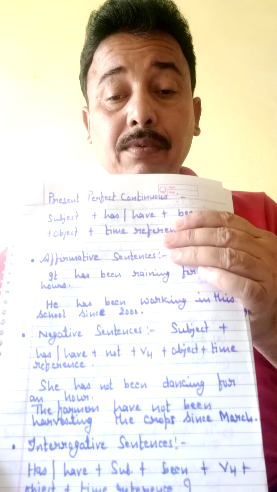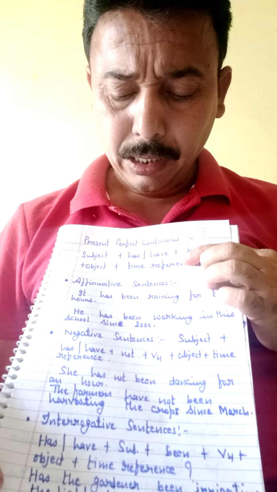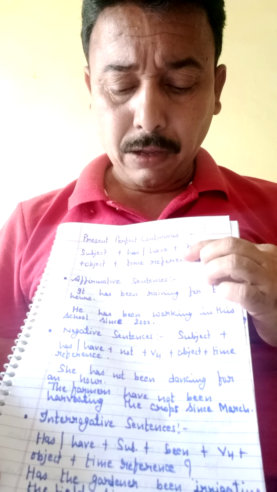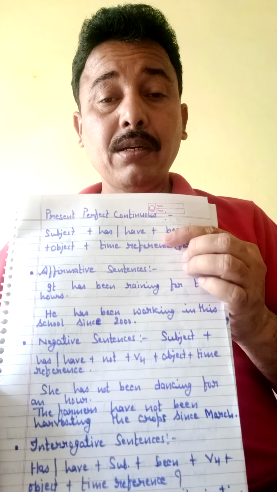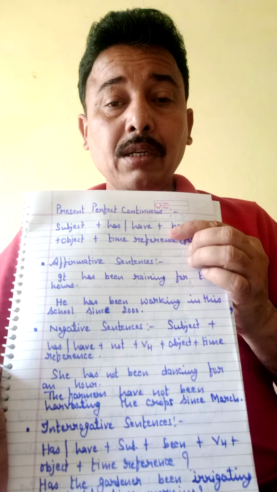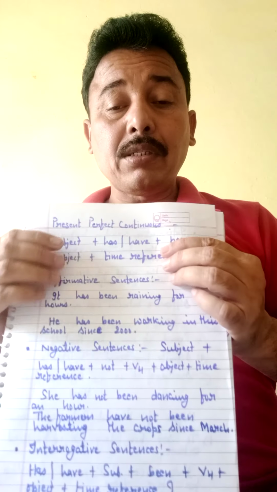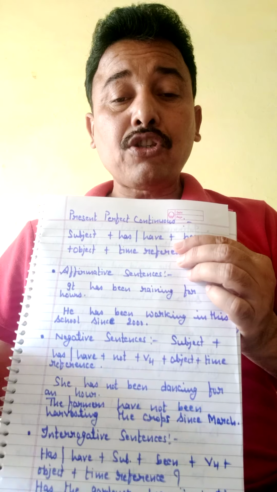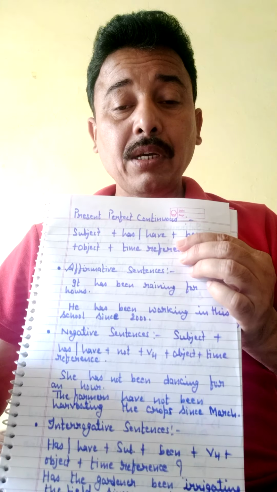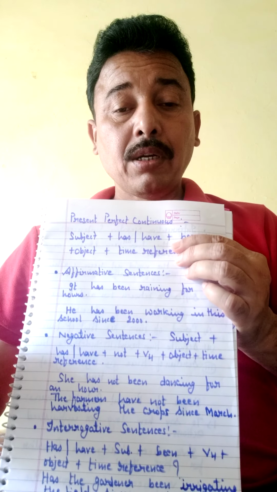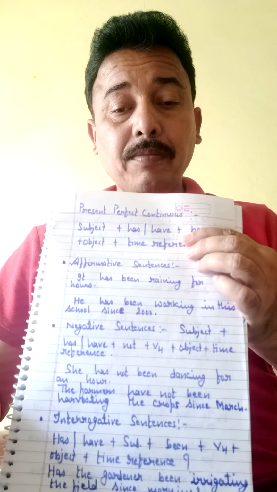This is negative. Second sentence in negative: the farmers have not been harvesting the crops since March. Again here the time references for and since have been used.